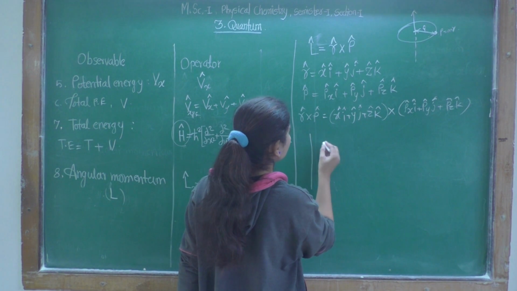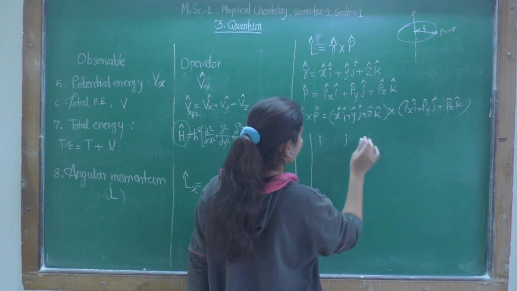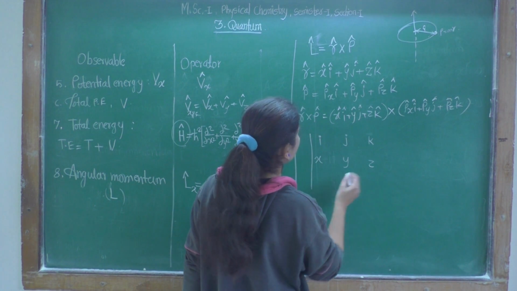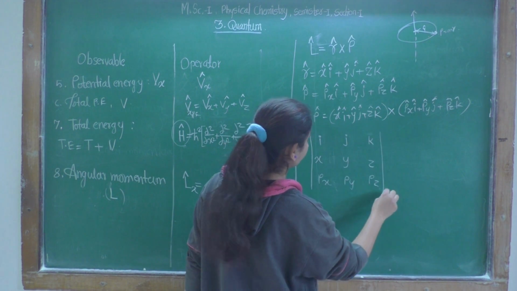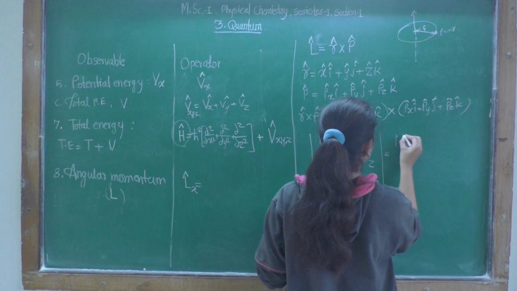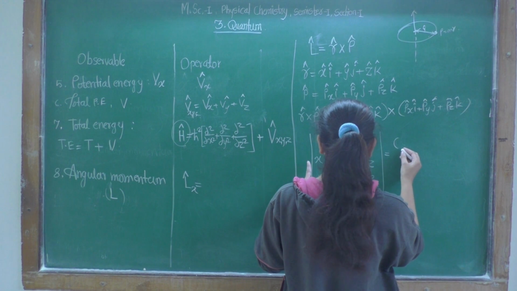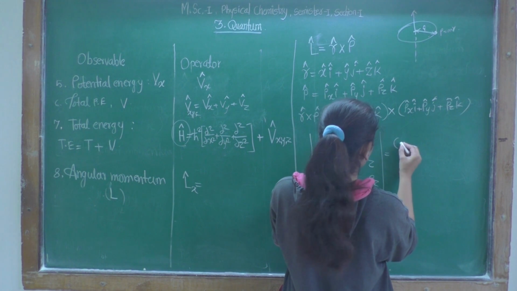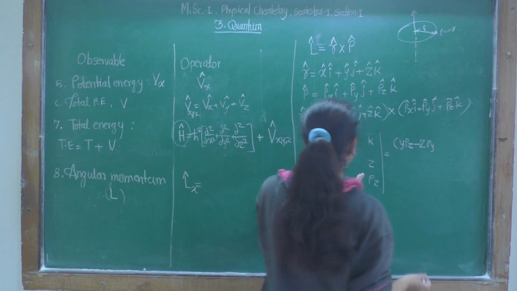Here is i, j, k, and here x, y, z and px, py, pz. Now, we can solve this determinant as i in bracket, covering the first row and column, and write ypz minus zpy.